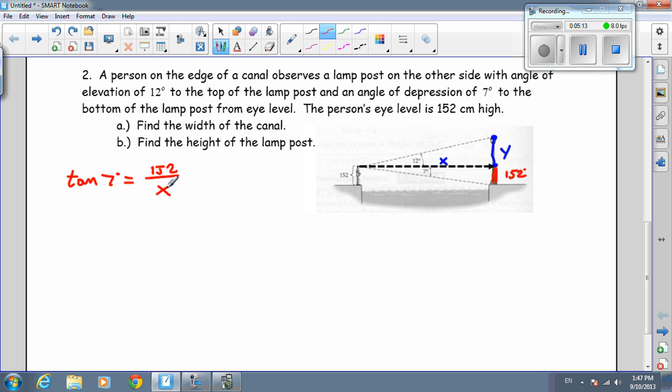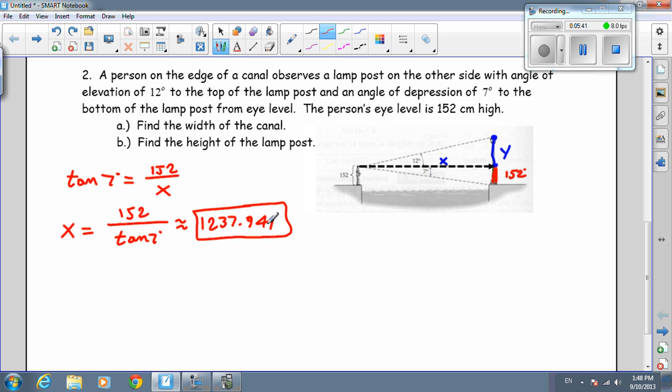The only thing I don't know is x, so I will go ahead and find x and say x is equal to 152 divided by the tangent of 7 degrees. Keep in mind we're in degrees, and we get approximately 1237.941. Use your calculator to confirm these answers.